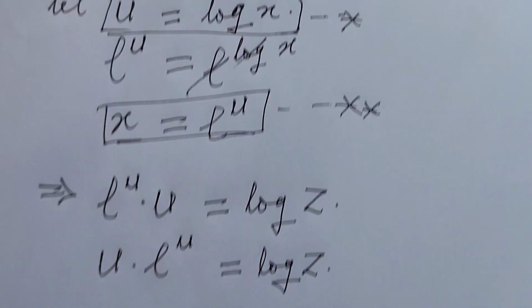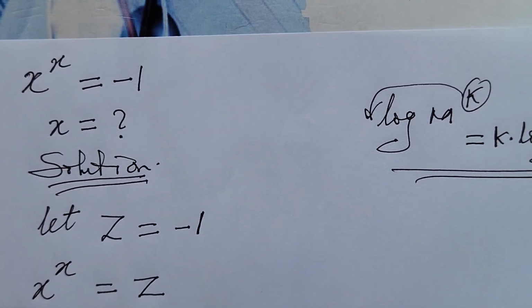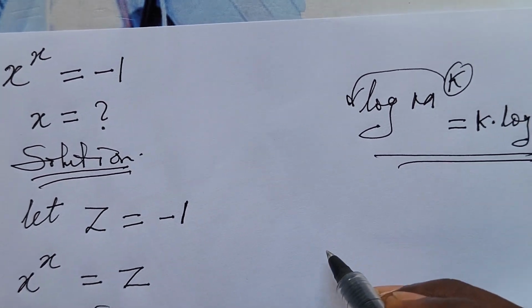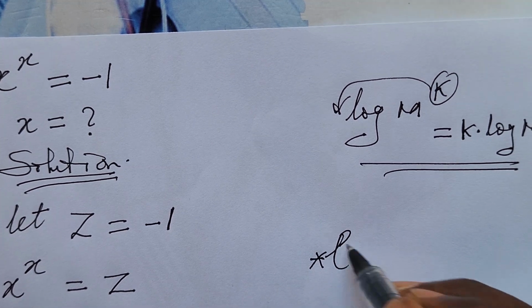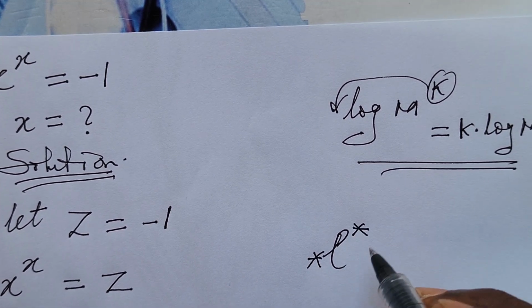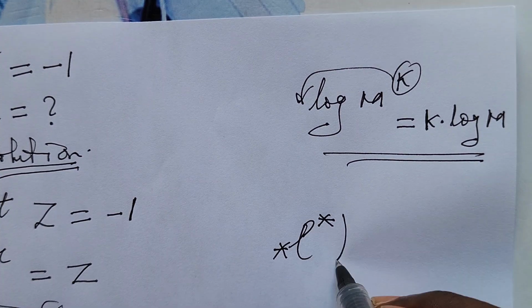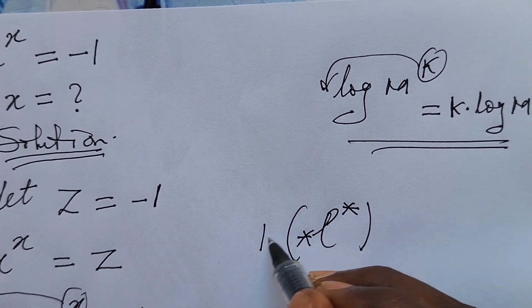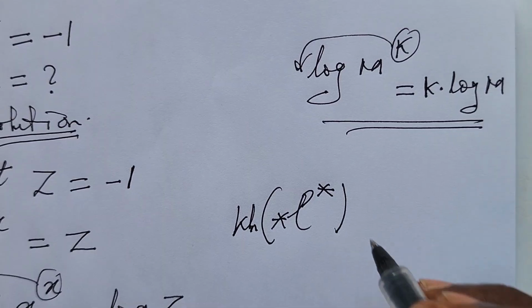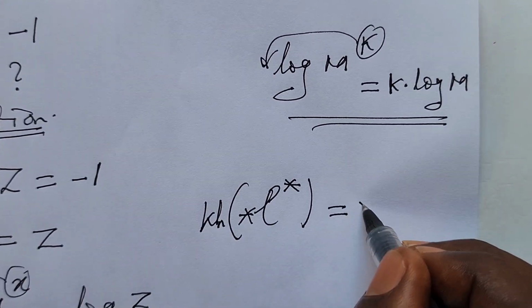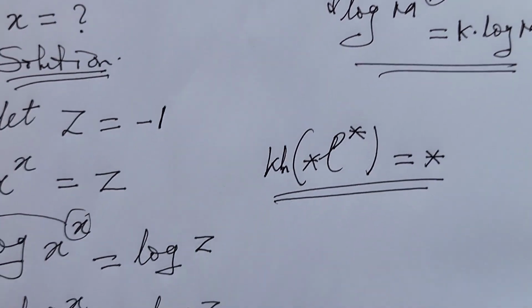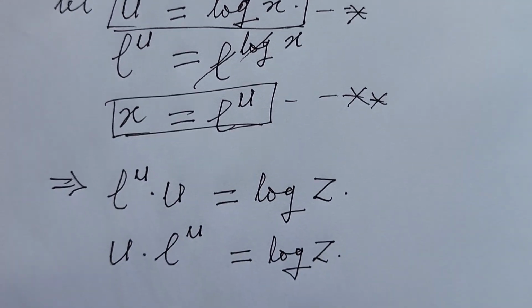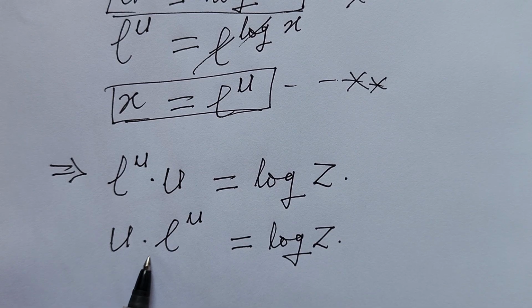What does it say? It says that if you have a star times e to the power of a star, then you decide to take the Lambert W function of the system, this will give us a star. So if we have that, we have a similar expression there. So we have u times e all to the power of u.